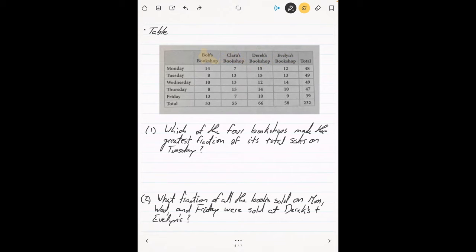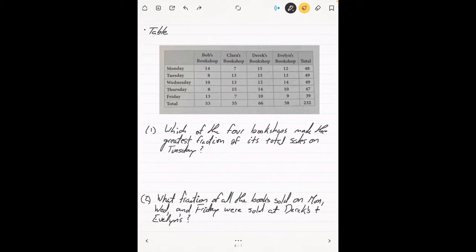Now, we're keeping track every day of the week of how many total sales they made. So, each of these numbers represents the number of books that were sold at the different shops for different days of the week. For example, Derek's shop on Wednesday sold 12 books, while let's say Clara's shop on Friday sold 7 books. So hopefully this is making sense to you.